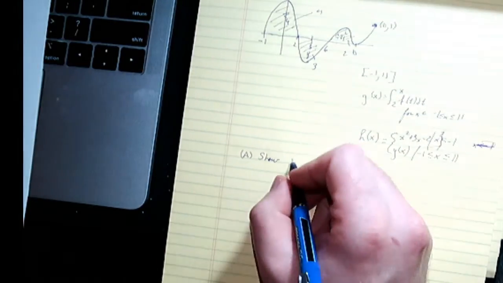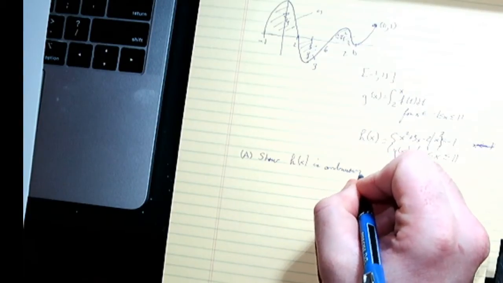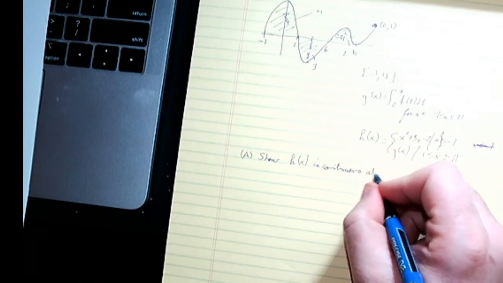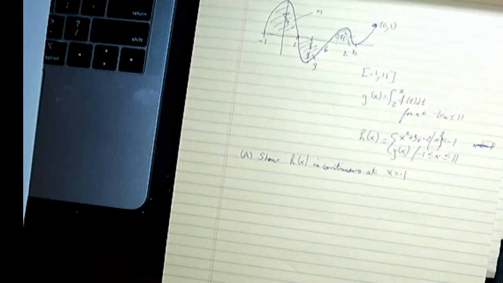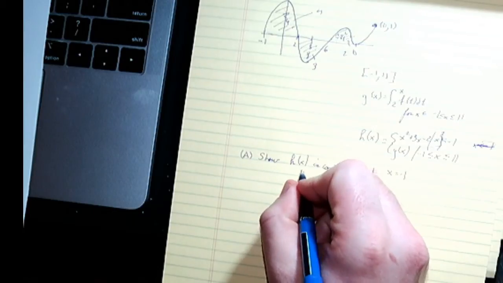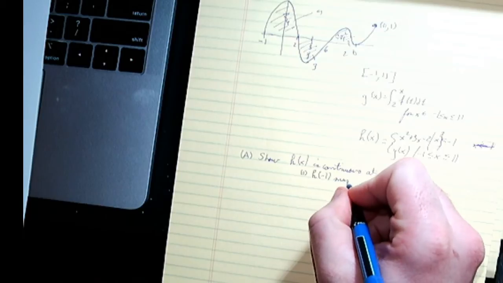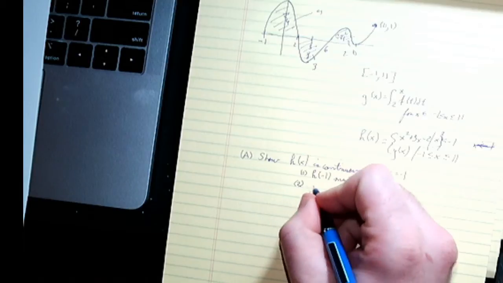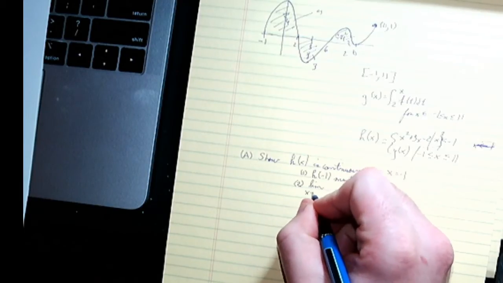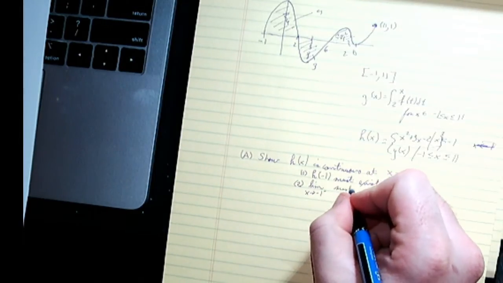So show h of x is continuous at x equals minus 1. Well, what has to happen for a piecewise function like this to be continuous? Three things. 1, h of minus 1 must exist. 2, the limit as x approaches minus 1 from the left must exist.